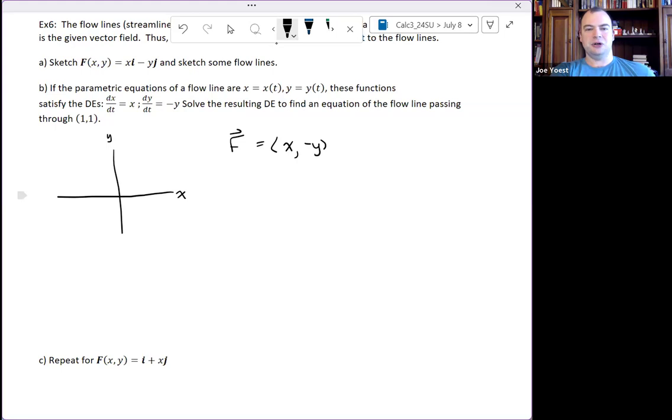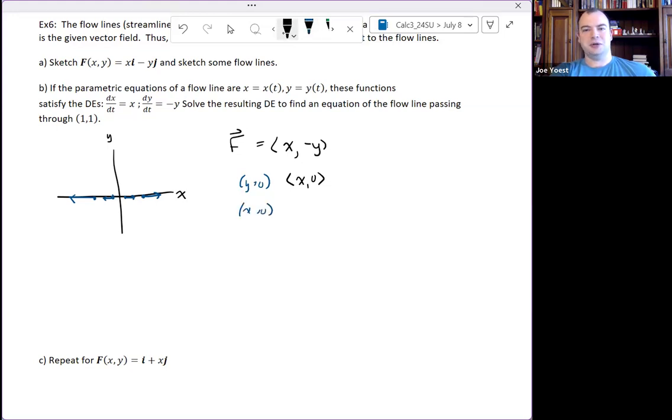So when y is 0, when I'm on the x-axis, I'm just looking at things like (x, 0). When I'm on the positive part of the x-axis, I'm moving horizontally to the right. When I'm on the negative part of the x-axis, I'm moving horizontally to the left. So this is for y equals 0.